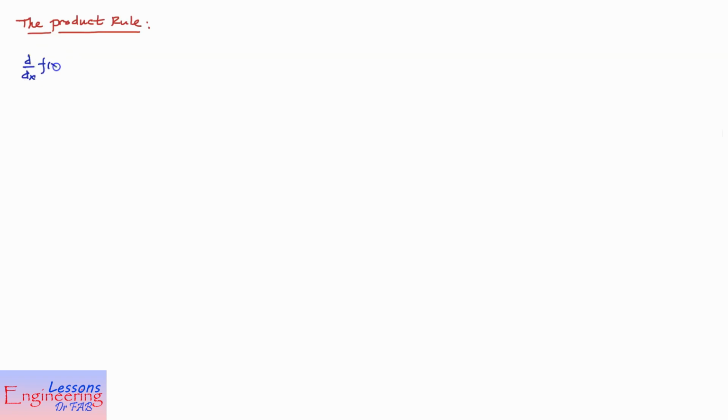f of x times g of x. Okay, so this is what we want to derive. We'll make use of the first principle of derivative. Let's remind ourselves of the full expression of the first principle of derivatives.